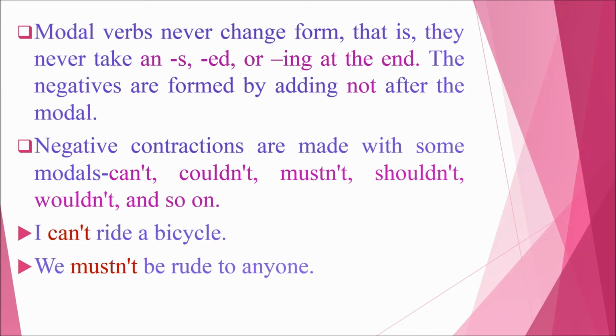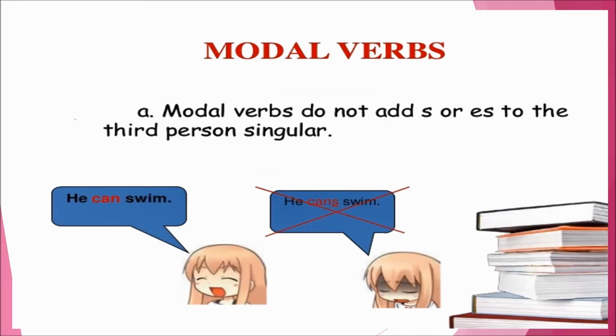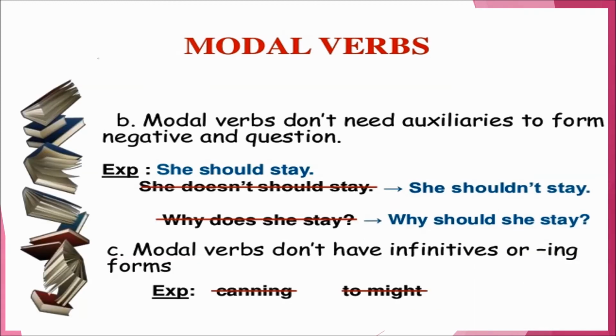Modal verbs do not add s or es to the third person singular. Example sentence is: he can swim. It is a correct sentence, whereas he cans swim is a wrong usage. Modal verbs don't need auxiliaries to form negatives and questions.